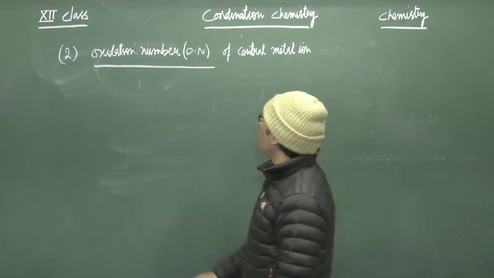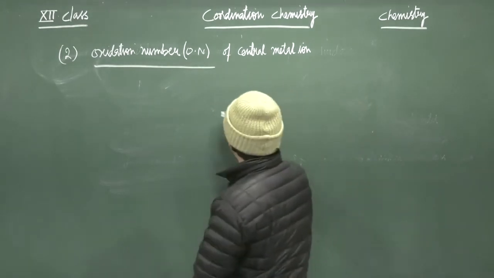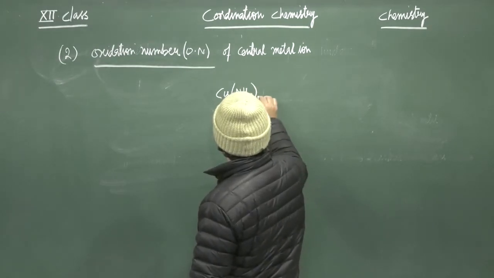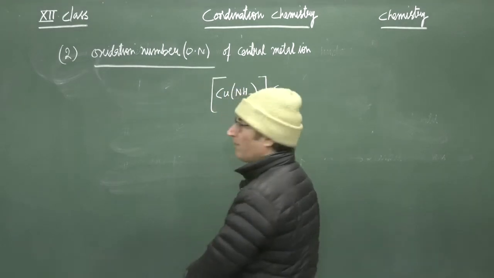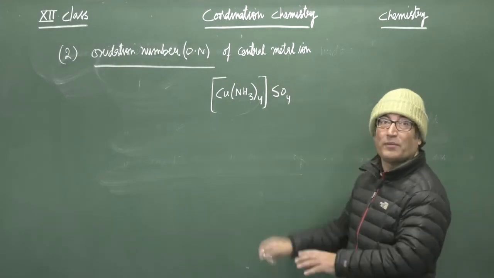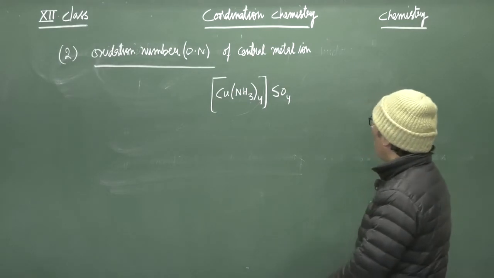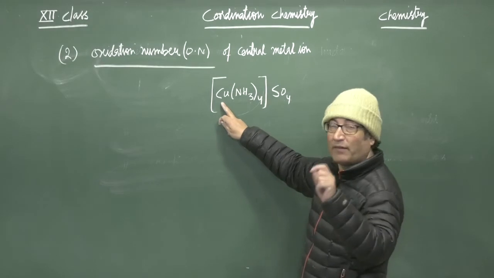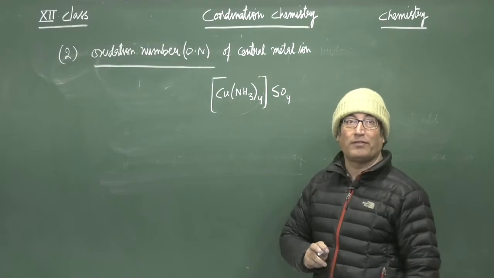Now first, how will you define this oxidation number? Say if I write the coordination compound [Cu(NH3)4]SO4, which I had previously written on the board with all the basic terms used in coordination compounds. Copper is the central metal ion, it's mononuclear. The metal ion present within the square brackets is the central metal ion.